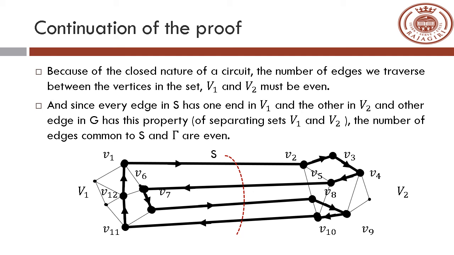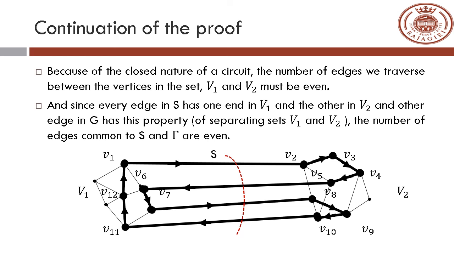If you are removing these edges of the cut set, you are disconnecting the graph into two components. Those components are denoted as V1 and V2. And because of the closed nature of the circuit, the number of edges we traverse between the vertices in the sets V1 and V2 must be even.